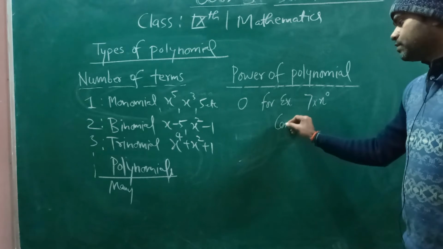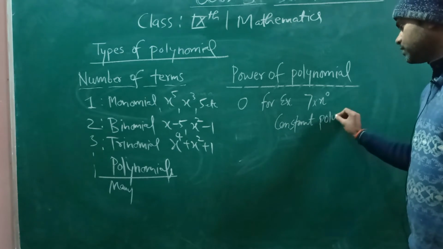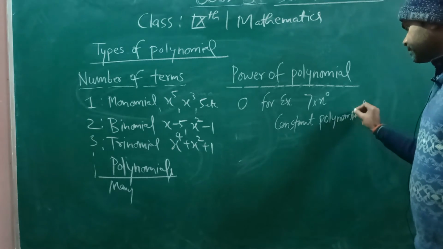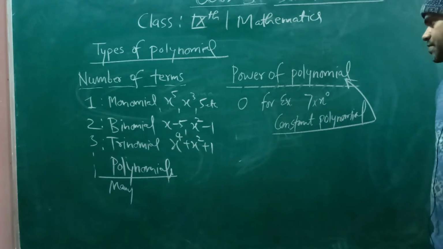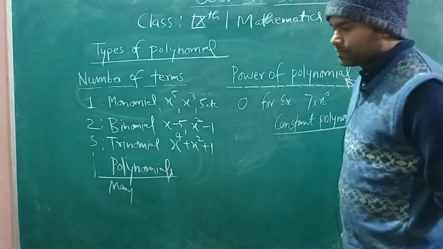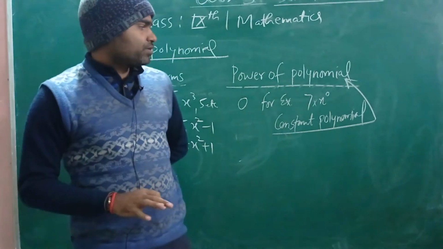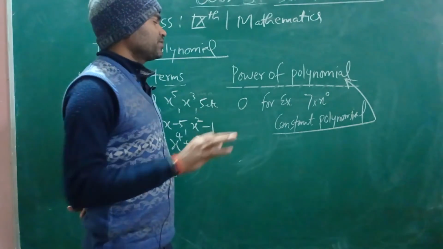But the name of this polynomial is constant polynomial. The polynomial which contains only a constant term is called a constant polynomial, and its power is 0.